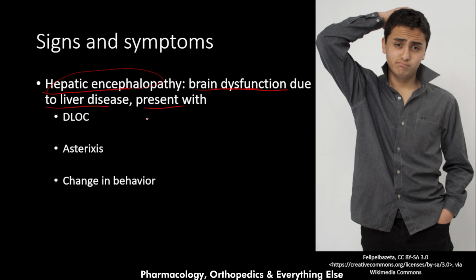The patient presents with decreased level of consciousness, which ranges from the patient being confused, stuporous, to being comatose. There is also asterixis, which is flapping tremor, and there is a change in behavior of the patient.